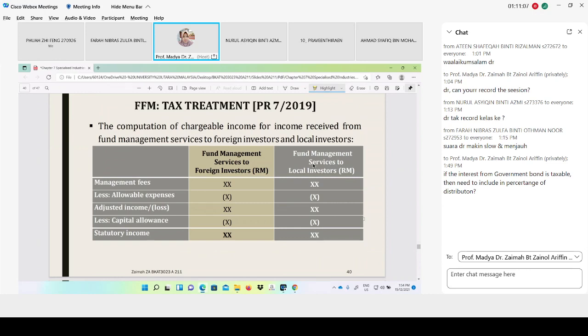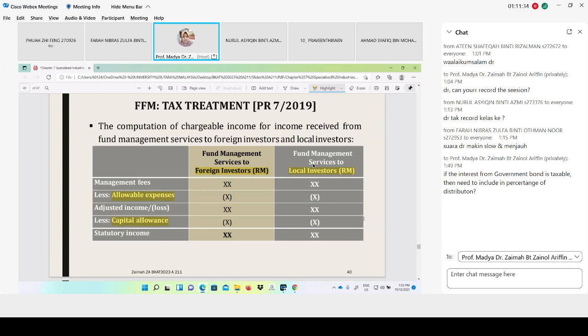Okay. So the computation of chargeable income for income received from fund management service is divided into two. You compute separately. Remember just now, compute separately between foreign investor and local investor, because this is business income, section 4A. You have allowable expenses and also capital allowance.